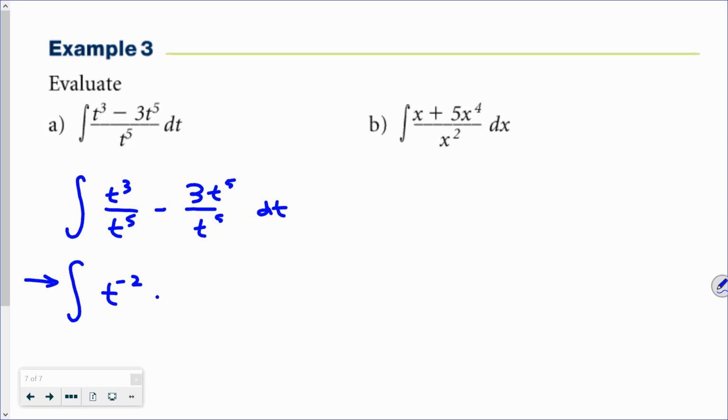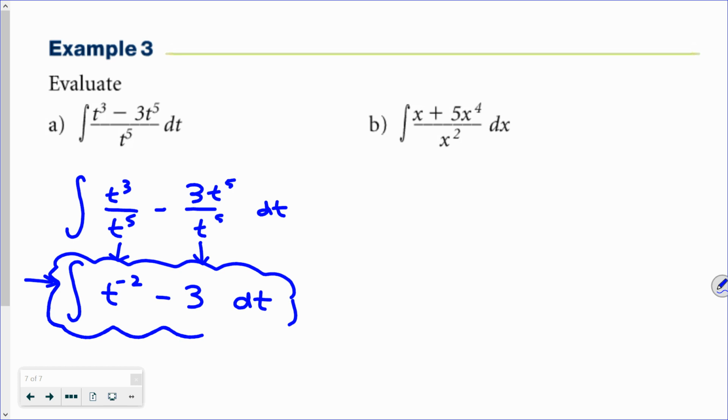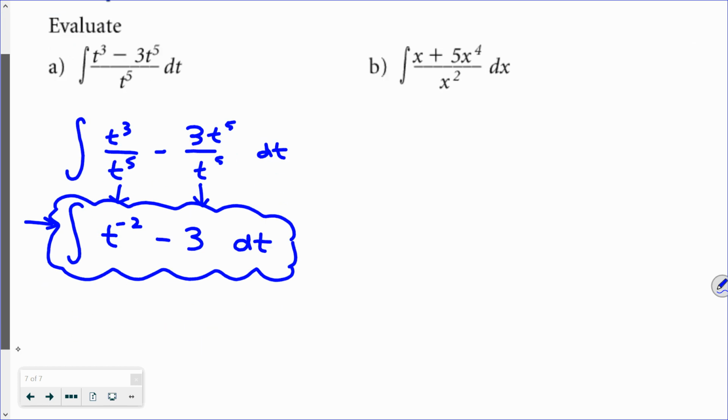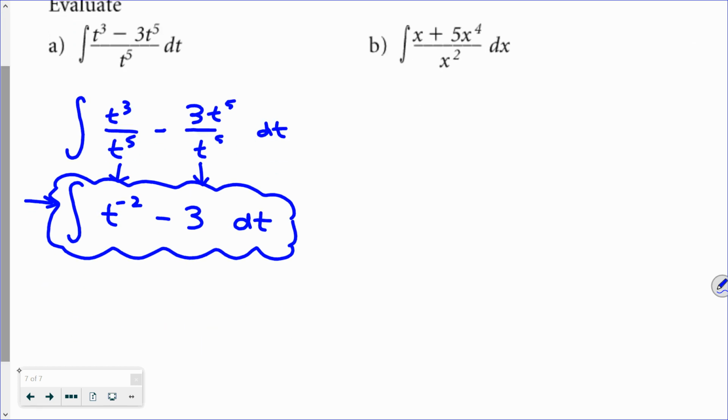I'm still just simplifying. So hopefully you can see how t to the 3rd over t to the 5th just became t to the negative 2. These t to the 5ths cancel out and leave us with just a minus 3. And so now I'm ready to get the actual antiderivative. I simplified the original question to what's here in this bubble, and now I'm actually ready to do the antiderivative.